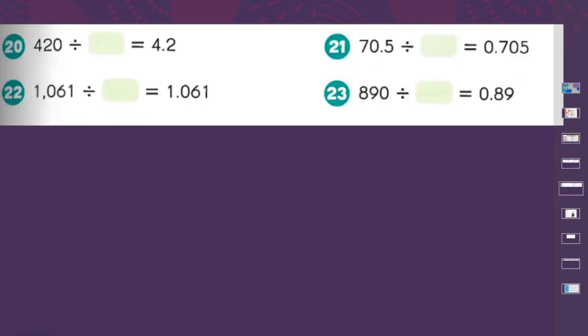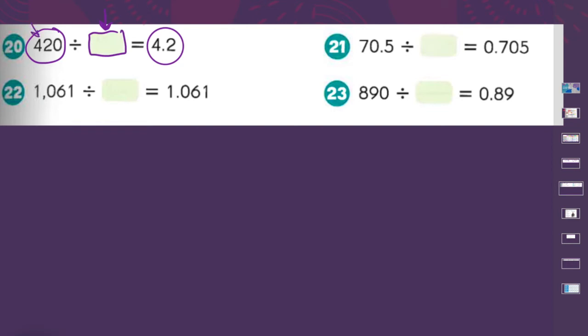Now that we've really practiced the rule for dividing by 100 and 1,000, let's see if you can study the quotient and the dividend to figure out what's happening with that decimal point. Where is it moving? How many place values is it moving, to help us figure out what our divisor would be.